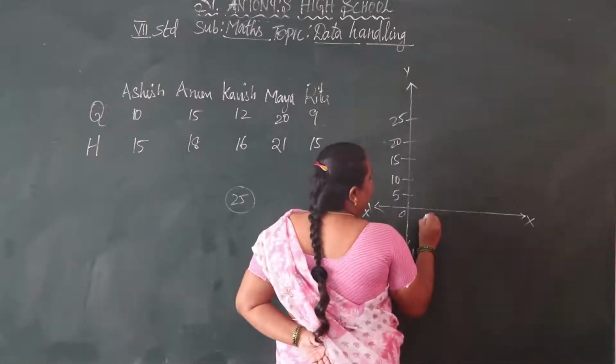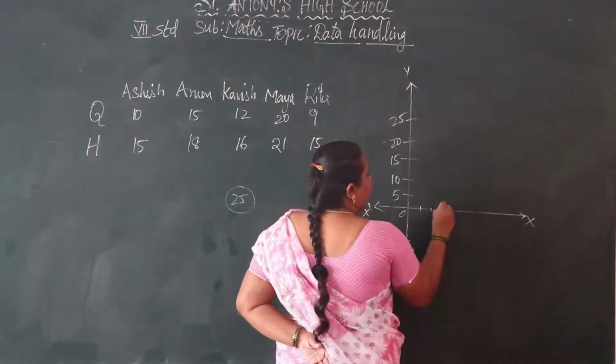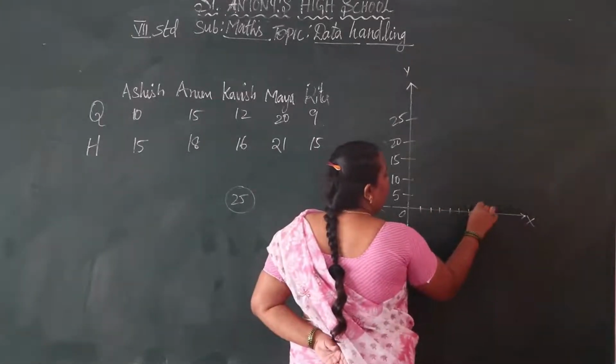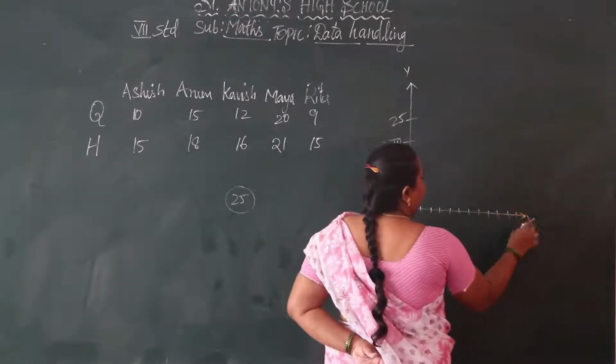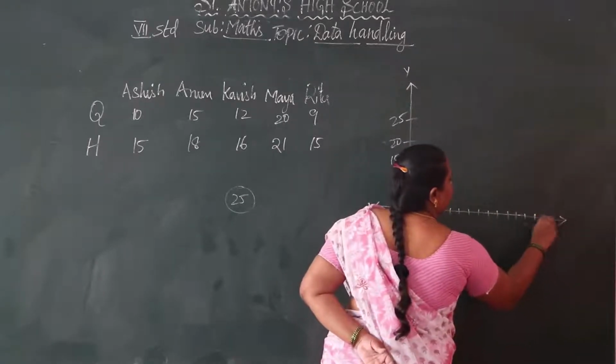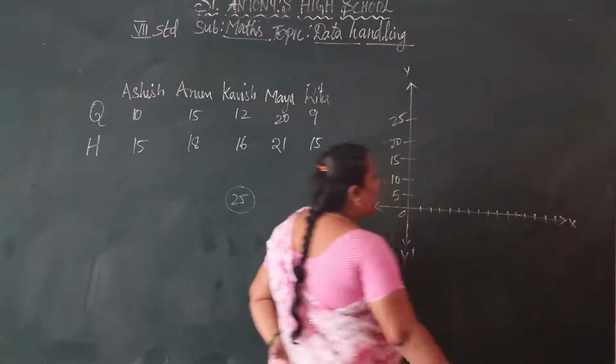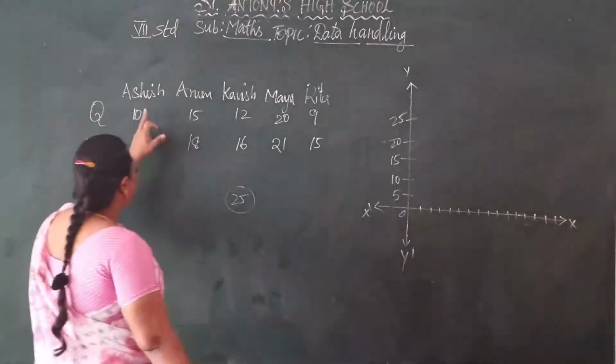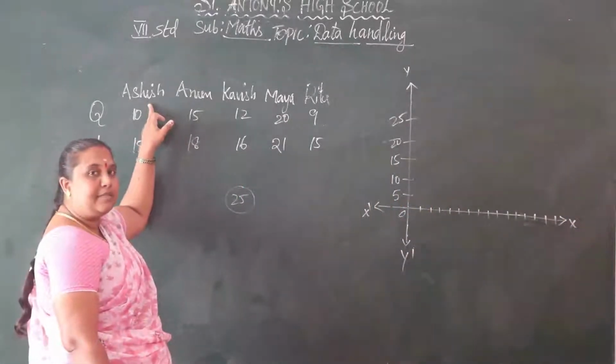And then observations. What are the observations here? We take units on the x-axis. The students are the observations here.